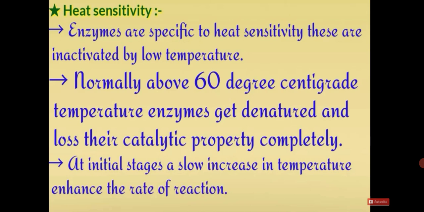When the temperature crosses this limit, the enzymes will show a decline in the rate of reaction, and at a very high temperature, which is about 60 degrees Celsius, they become denatured. So normally above 60 degrees Celsius, enzymes get denatured and lose their catalytic property completely.